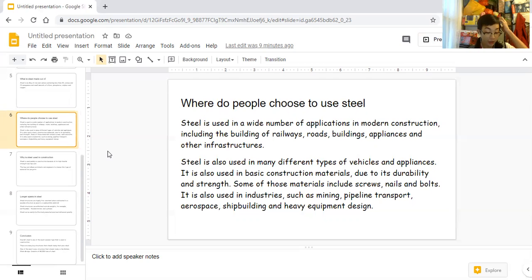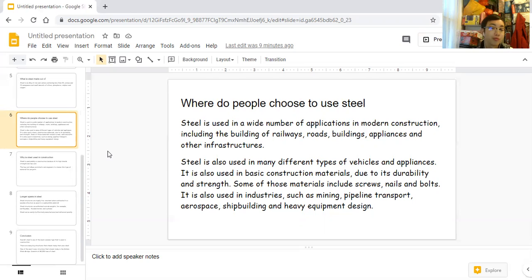As I stated earlier, steel is very strong, which is why they chose it to build bridges, because it can withstand a lot of weight. Some of these materials include screws, nails, and bolts. It's also used in industries such as mining, pipe transport, aerospace, shipbuilding, and heavy equipment design.